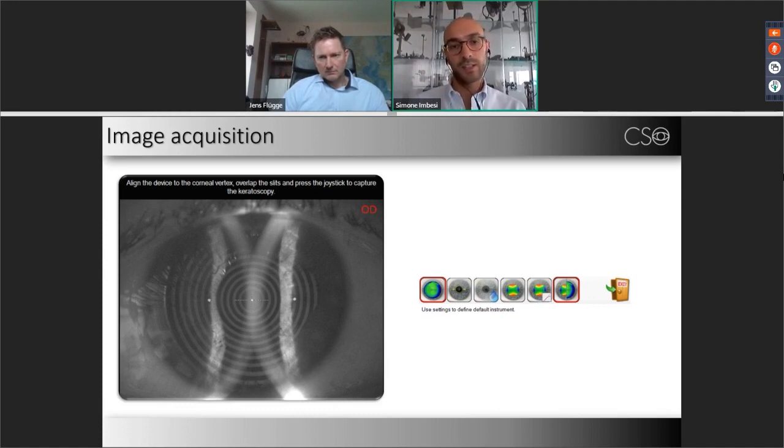How can we give our device the right operating distance? The only way is to align, to overlap these two slices of light. Okay, so this is a good way to respect the focal distance of our device.